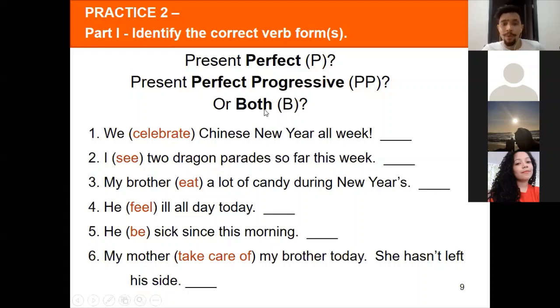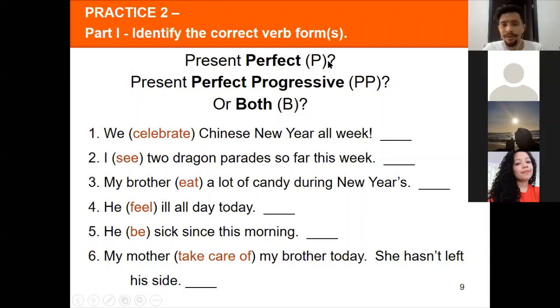So what I want you to do is read the sentence, like we celebrate Chinese New Year all week, and you tell me which tense should be used: present perfect, present perfect progressive, or both tenses at the same time, like both tenses could be possible. Now let's see number one. Let's begin again. We celebrate Chinese New Year all week.